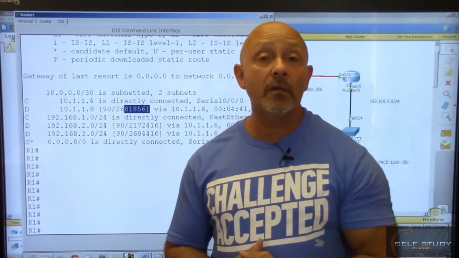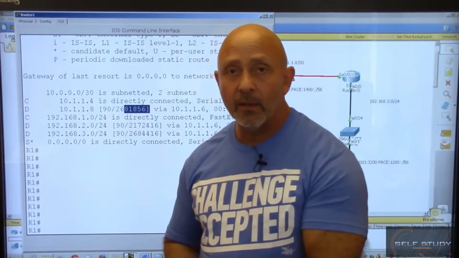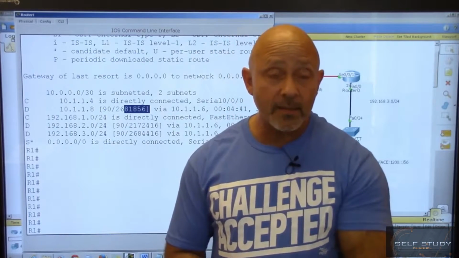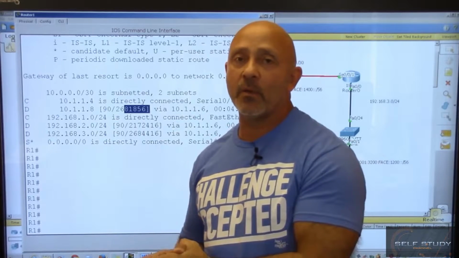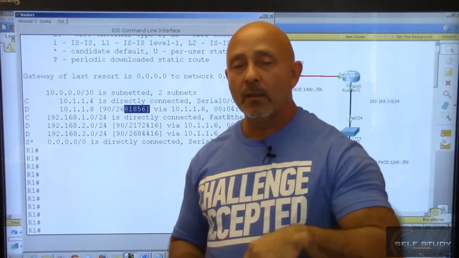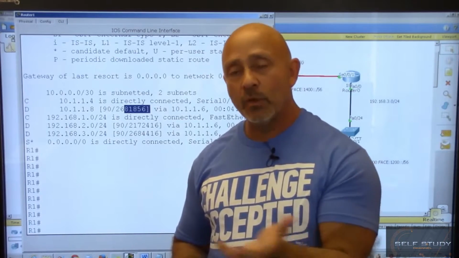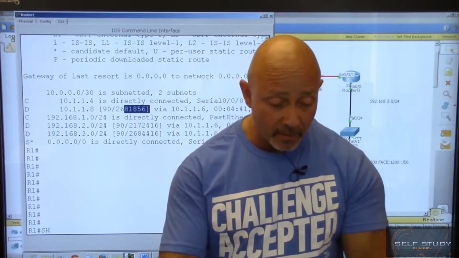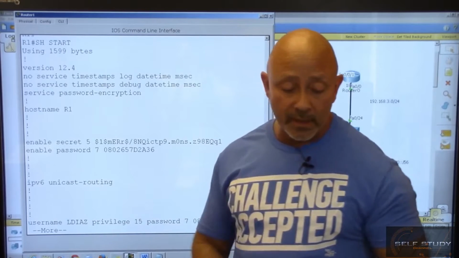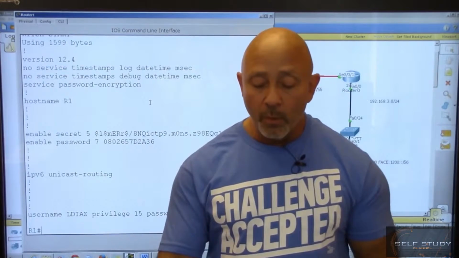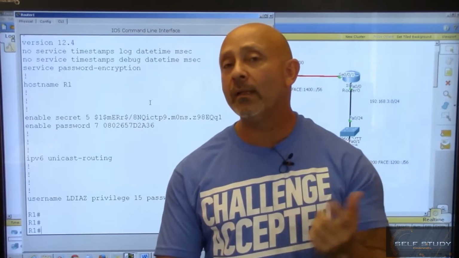Now let's configure EIGRP for version 6. Now we have everything in place. One of the first things I said for version 6 that we need to do is turn on IPv6 unicast routing. That's already there, so we don't need to do it because we did it earlier when we did RIP. So all we really need to do is go inside the interface.